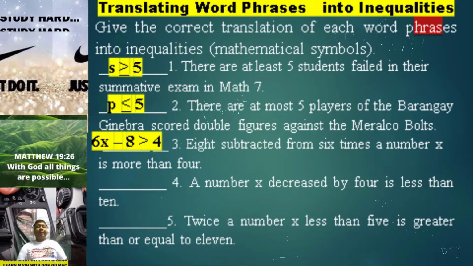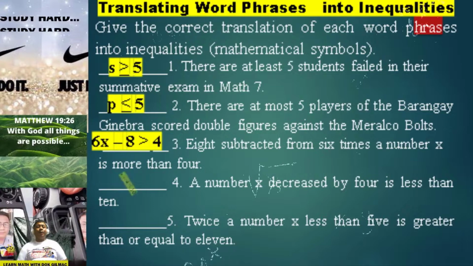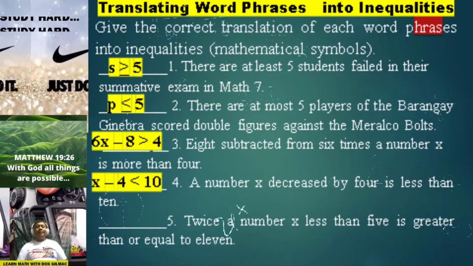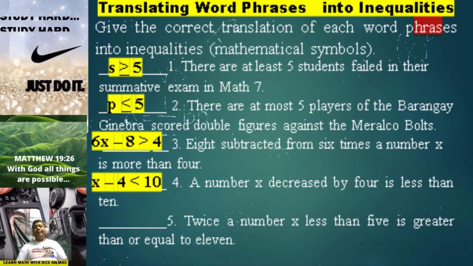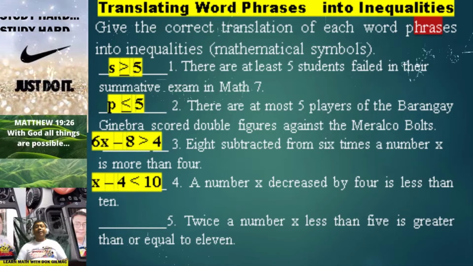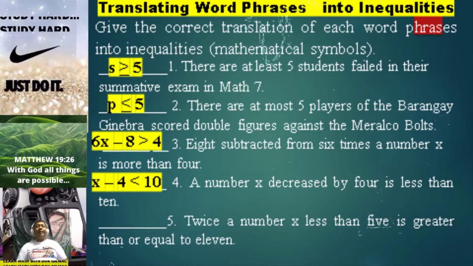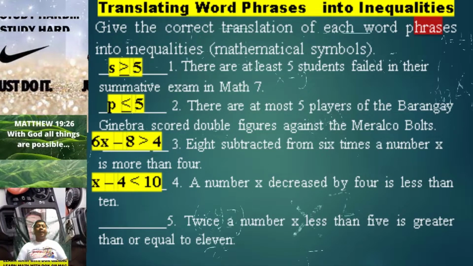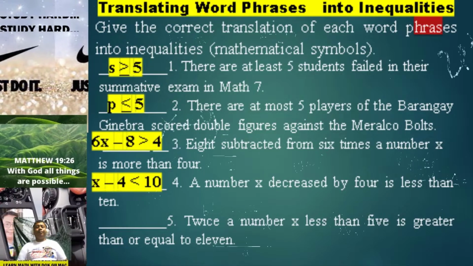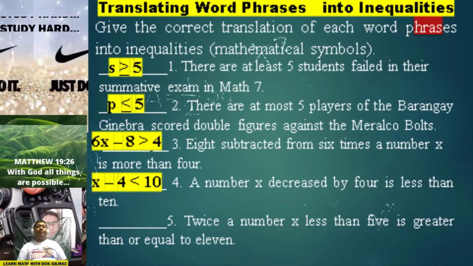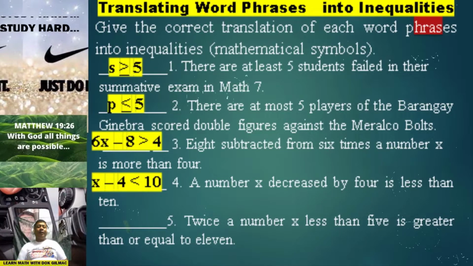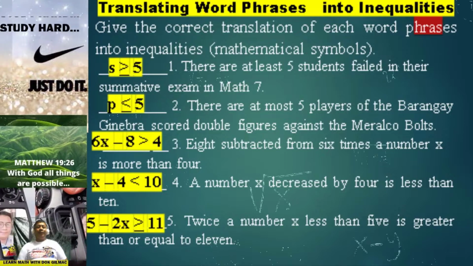So we have x minus 4 is less than 10. Number 5. Twice a number x less than 5 is greater than or equal to 11. So we have 5 minus 2x is greater than or equal to 11.